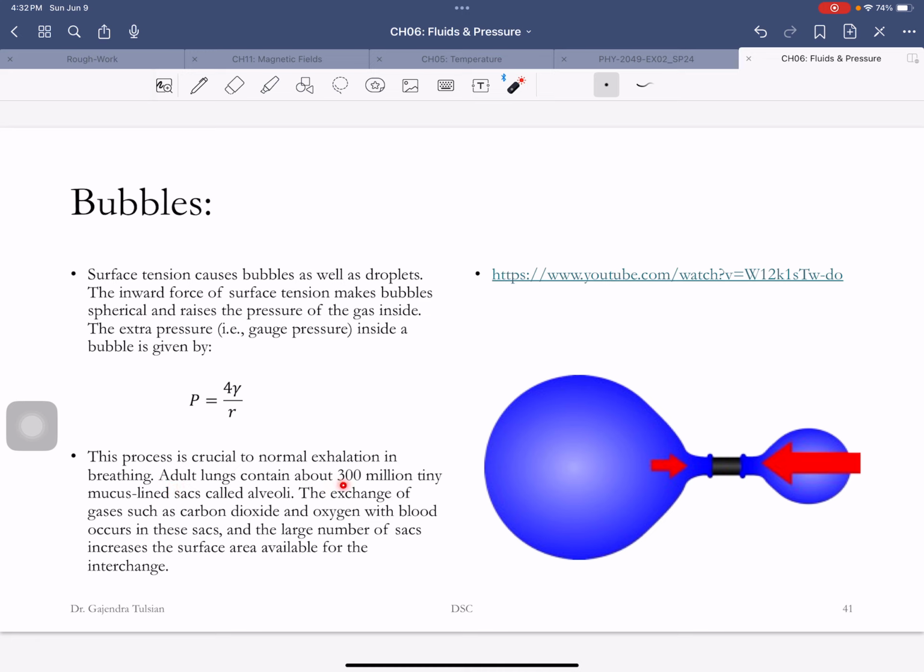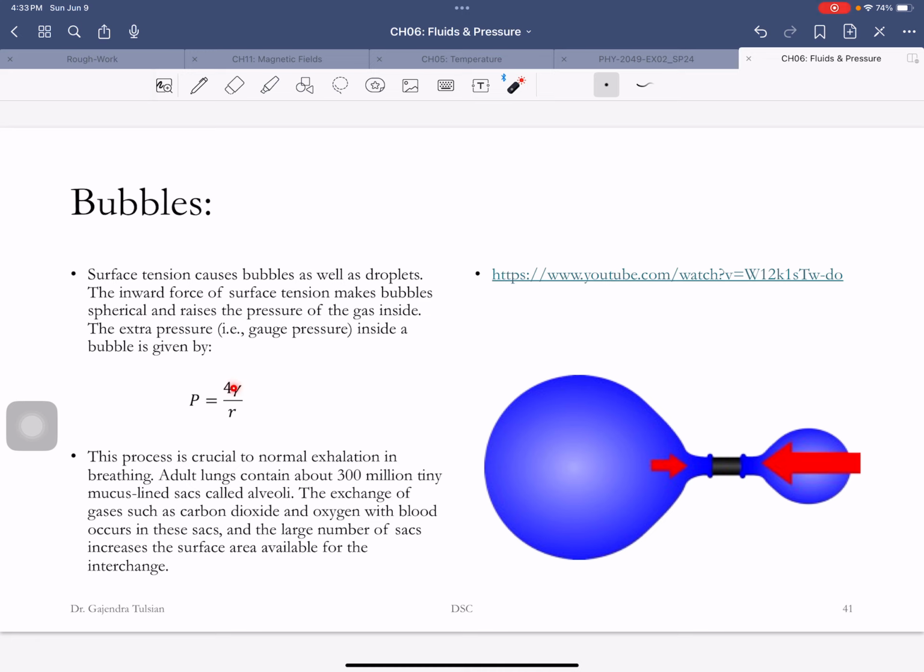Adult lungs contain about 300 million tiny mucus-lined sacs called alveoli. And here's another problem: if the surface tension is too high, the pressure is too high, then it's hard to inflate the alveoli.